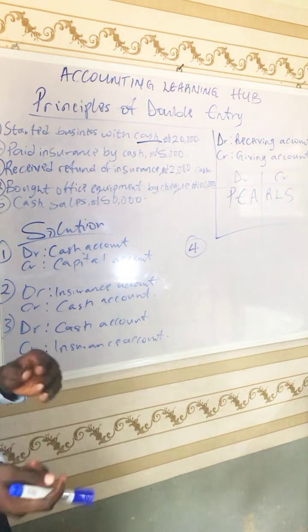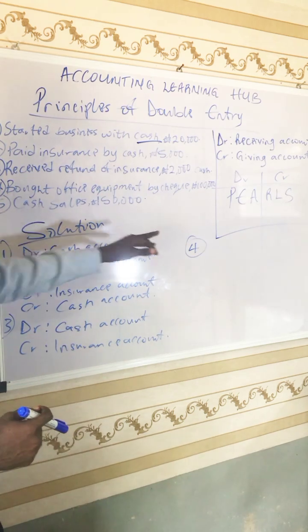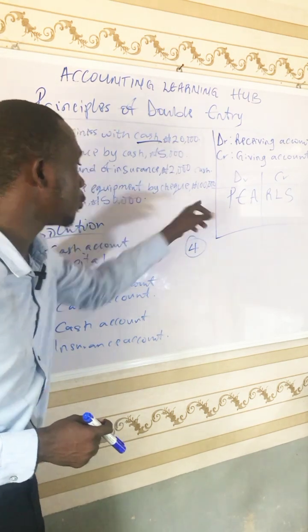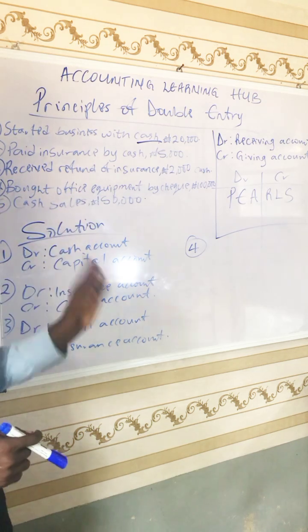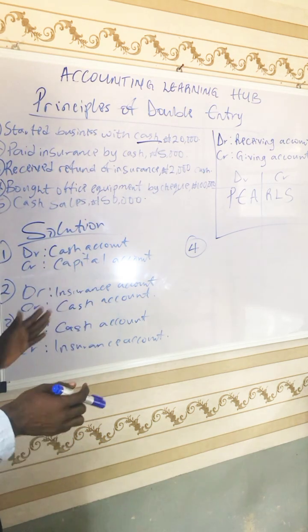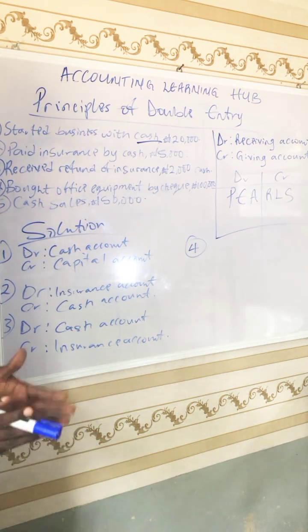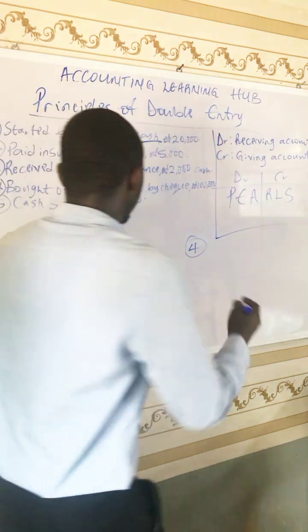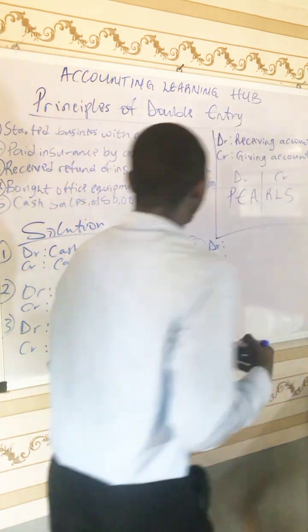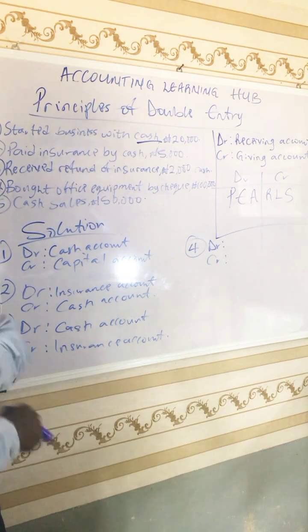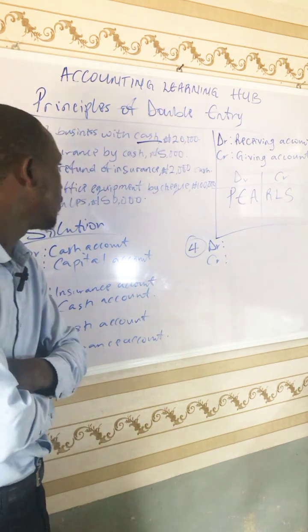The accounts that are involved, we have bank account, and we also have office equipment account, because office equipment is an asset, not goods. So we debit, credit. Which of the accounts is the receiving account?